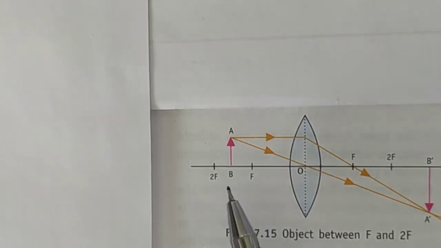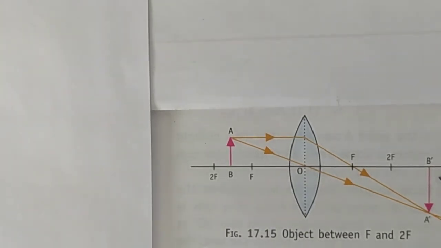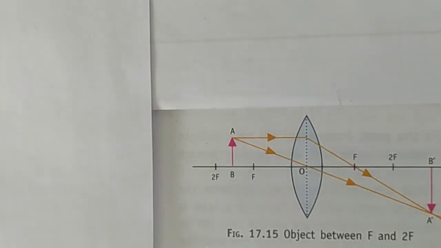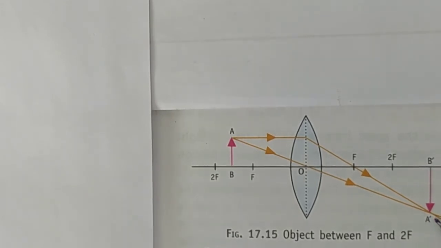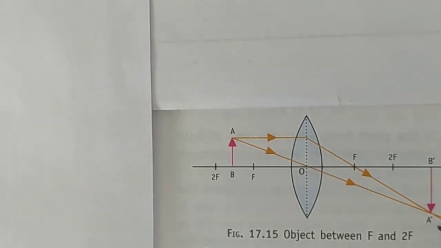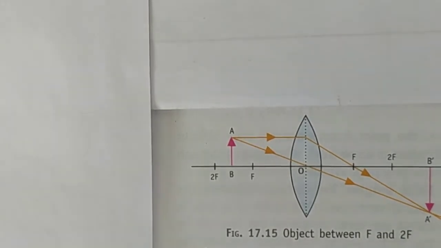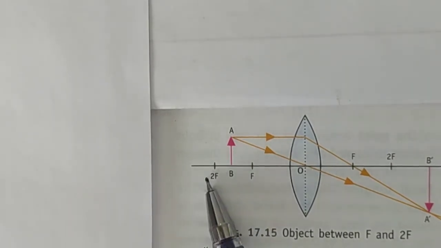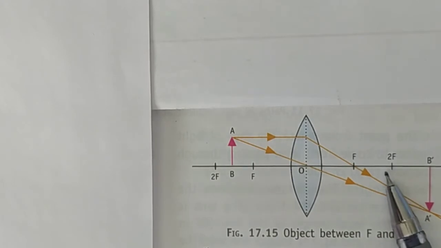Next, coming to the nature, it is an inverted image. So all inverted images are real. Simply we can call it a real and inverted image. Right, so what is the conclusion? The conclusion is when the object is kept between f and 2f, the image is going to form beyond 2f.